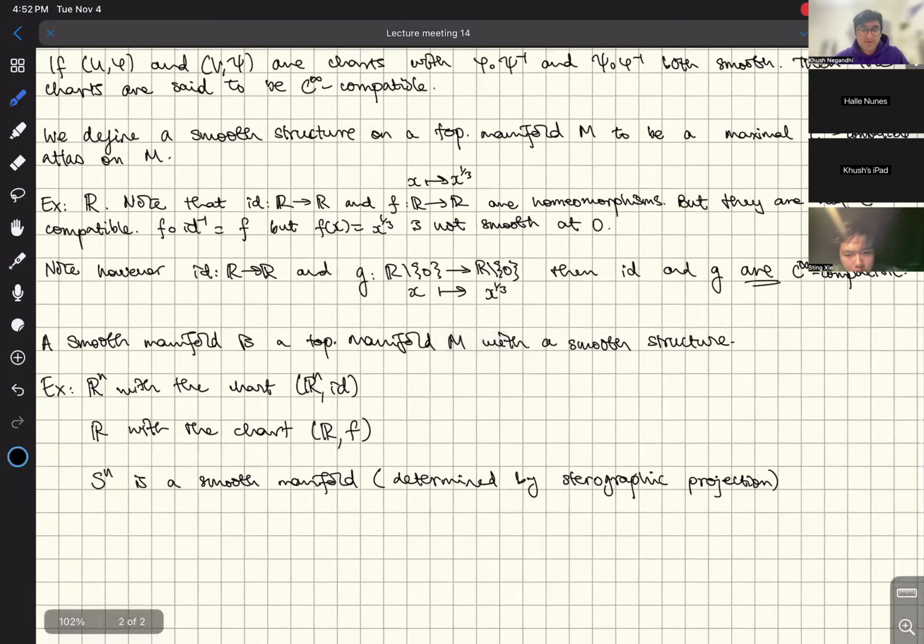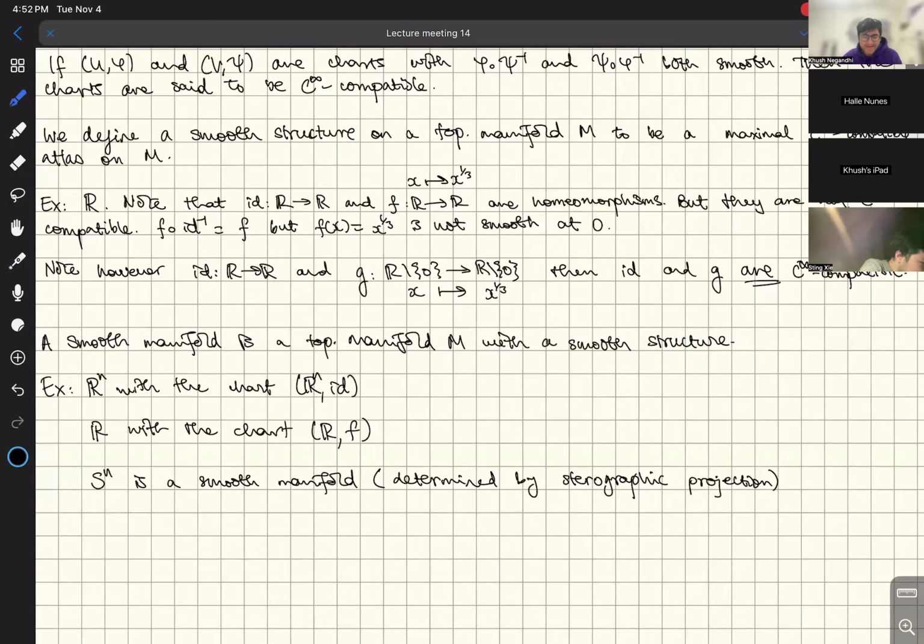Stereographic projection is extremely annoying to write down mathematically, so I'm not going to do it, but I urge you to look it up. Lee's Smooth Manifolds textbook does talk about the stereographic projection in pretty good detail. So if you're interested, please go through Lee.